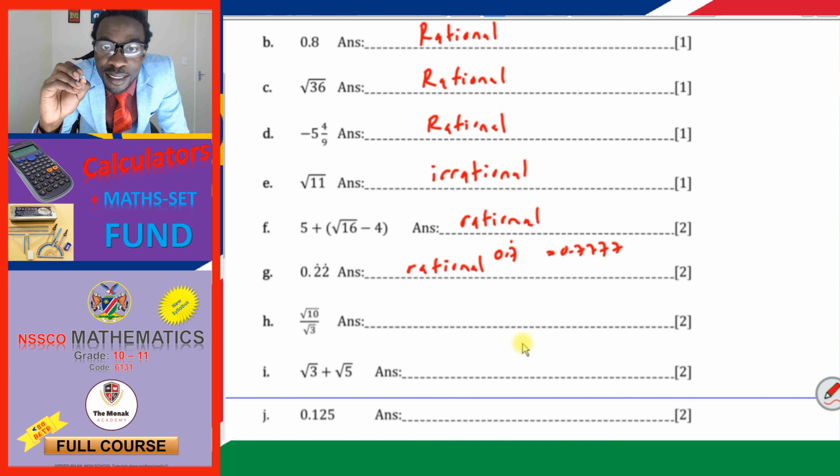Alright, we do the last one, h. Root 10 divided by root 3. Again, we simply use a calculator.